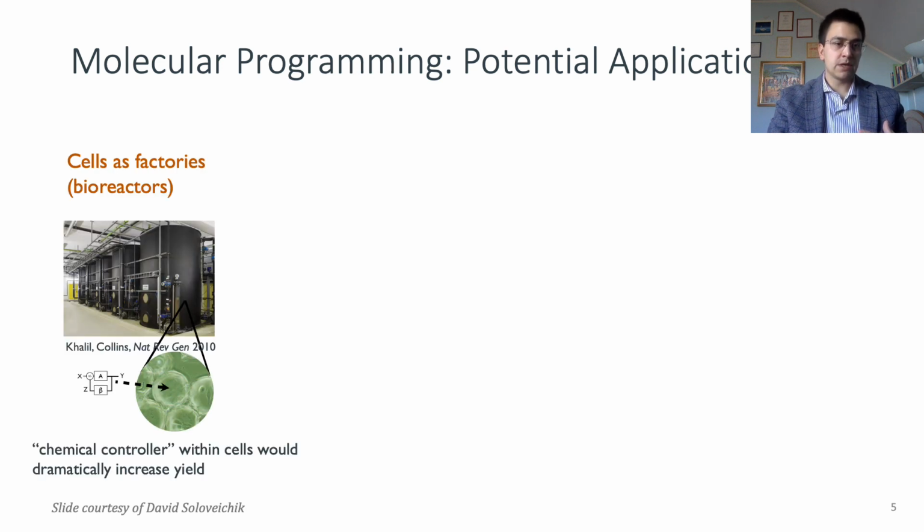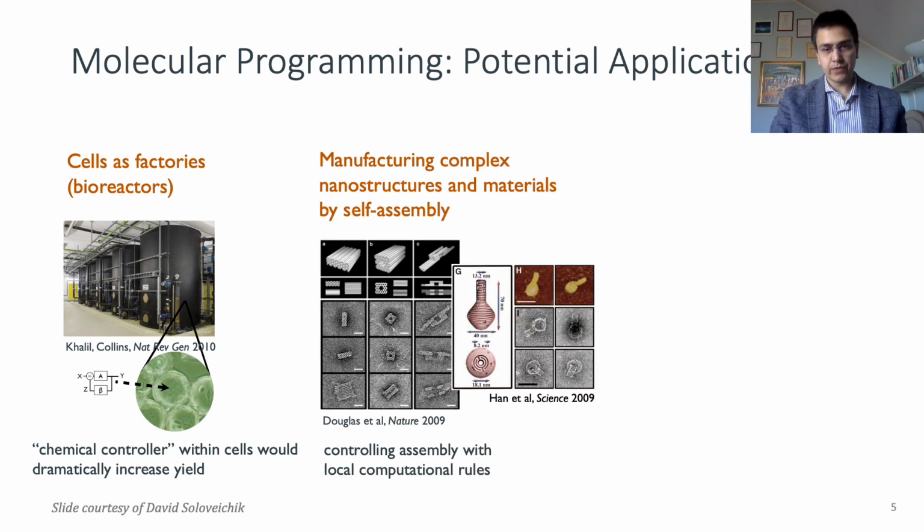One, we can help increase the yield within bioreactors by designing chemical controllers that can smartly interact inside. Two, we can help in manufacturing complex nanostructures and materials, where we can basically construct small structures or molecules that, based on local interaction rules, can interact with each other and assemble a larger pre-planned shape.